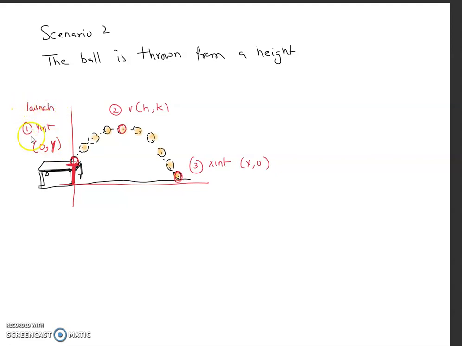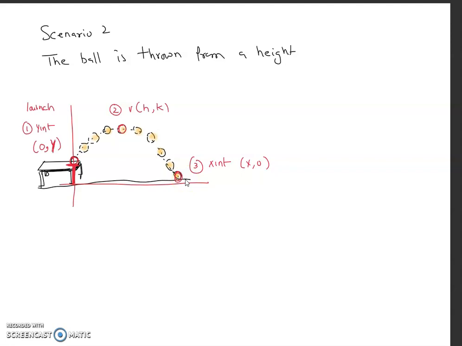When we threw it from the ground, both values were 0 because the ball was sitting on the ground. But here the height is away from the ground, so you will find a value of y. These three points, the y-intercept, vertex and x-intercept, all represent something: launch, maximum, and the last one is when it hits the ground.